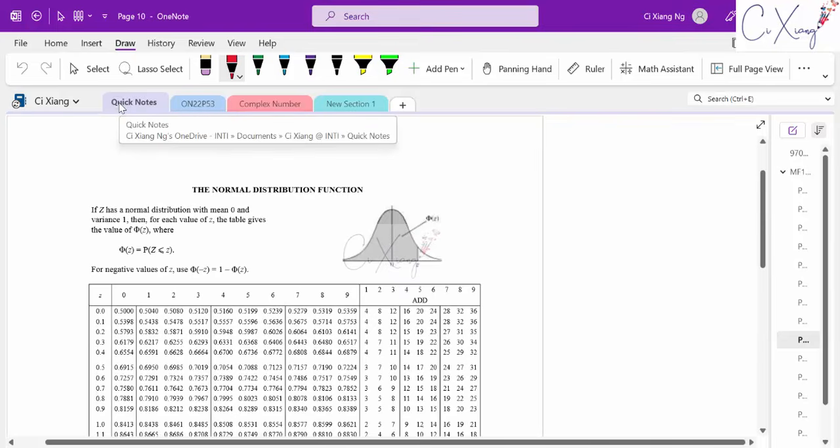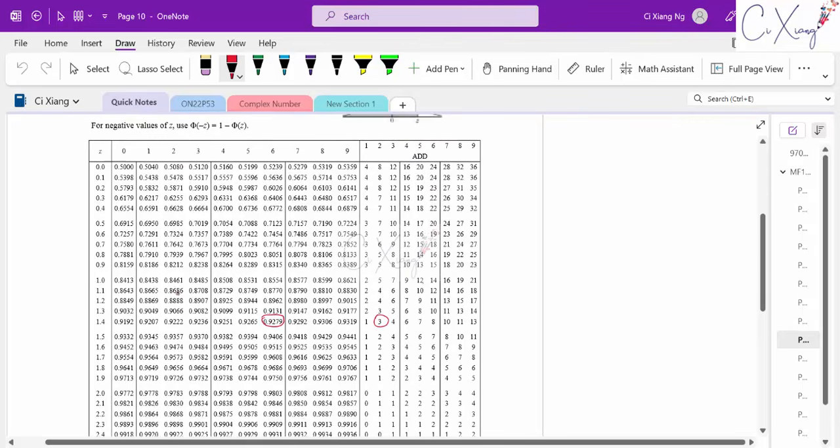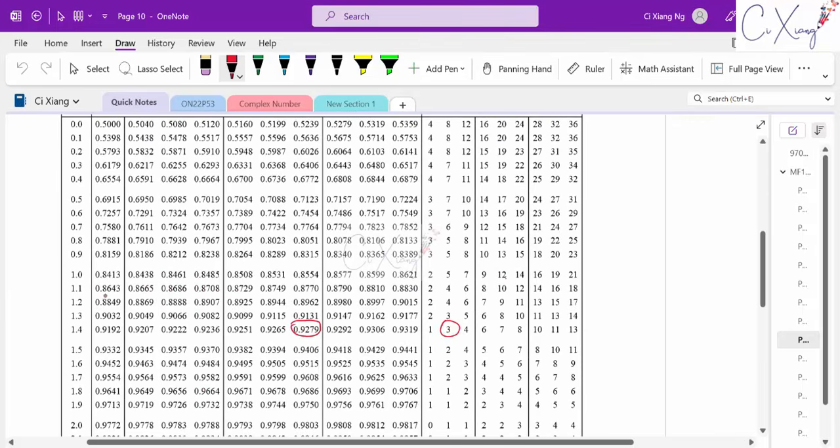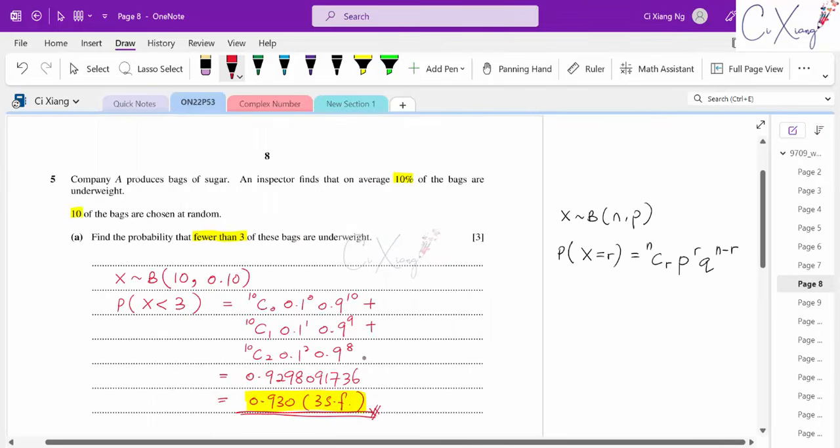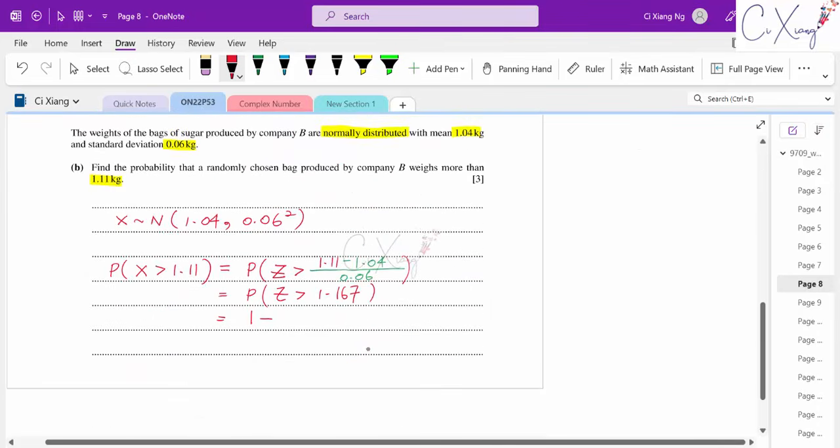So for 1.167, we scroll down here to 1.16. So 1.16 is this one, and the 7 will be this value. That means you have to add 14 to the last two digits of 0.8770. If you add 14 to the last two digits here, you will get 0.8784.